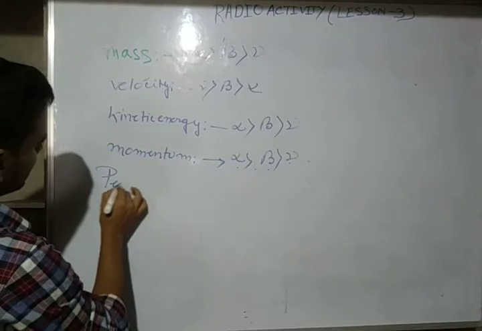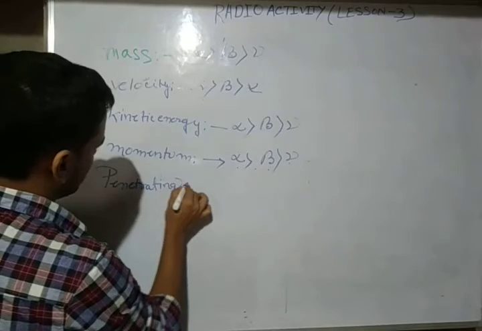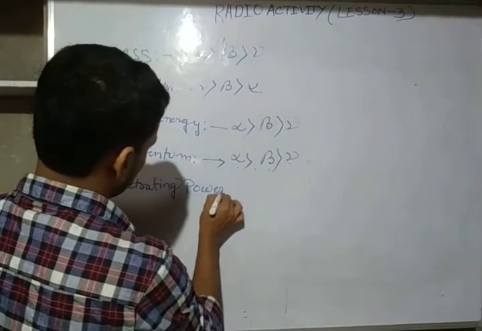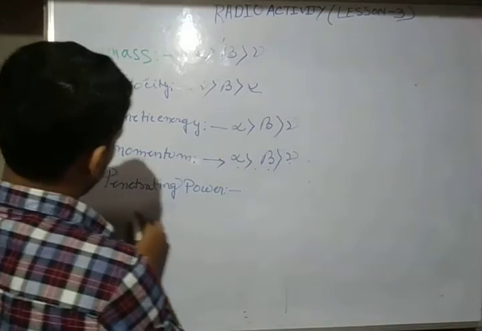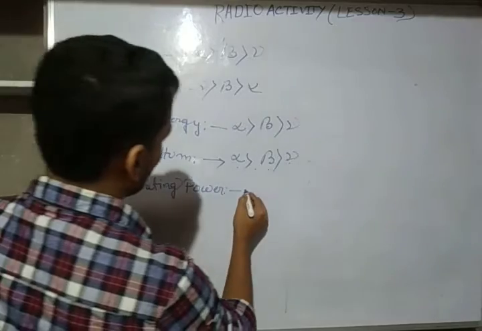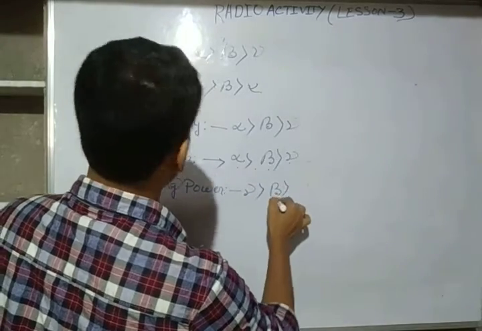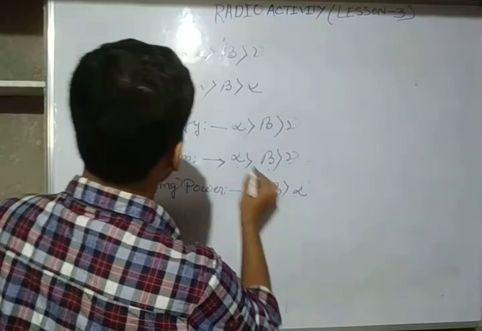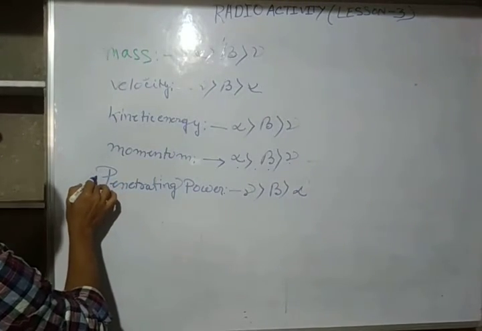Penetrating power: due to highest velocity of gamma, penetrating power of gamma is also highest, then beta, then alpha, because penetrating power depends on velocity.